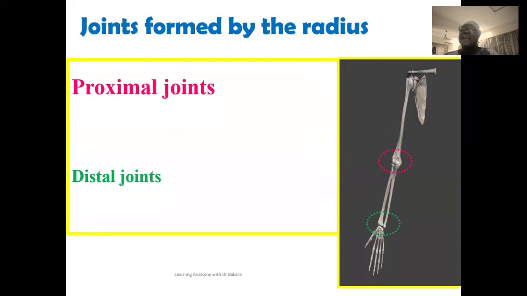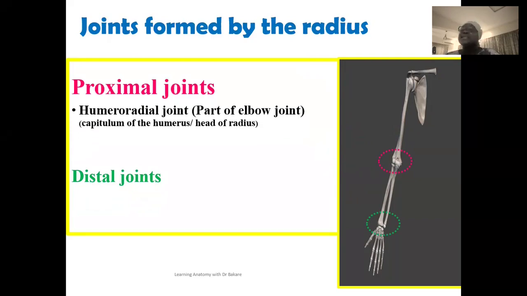So at the proximal end, it creates two joints. One of these joints is the humeroradial joint. This humeroradial joint is part of the elbow joint. Remember, we previously described that the elbow joint is a complex type of joint. Of course, it has subjoints within it. So one of the joints that constitutes the elbow joint is the humeroradial joint.